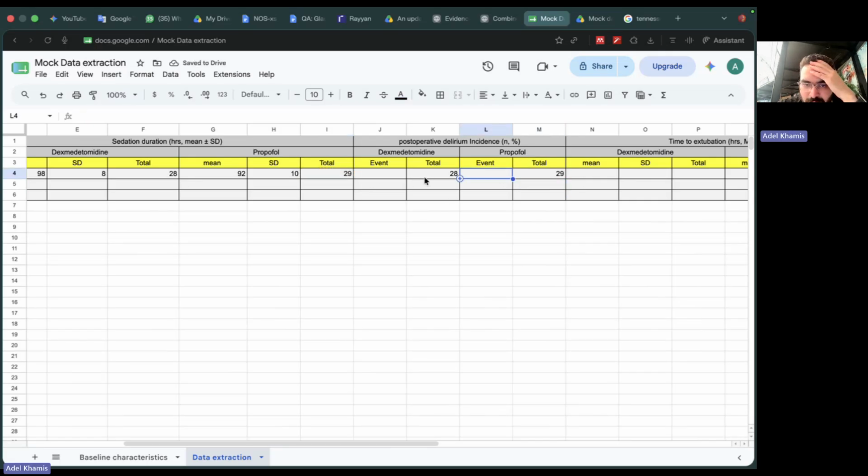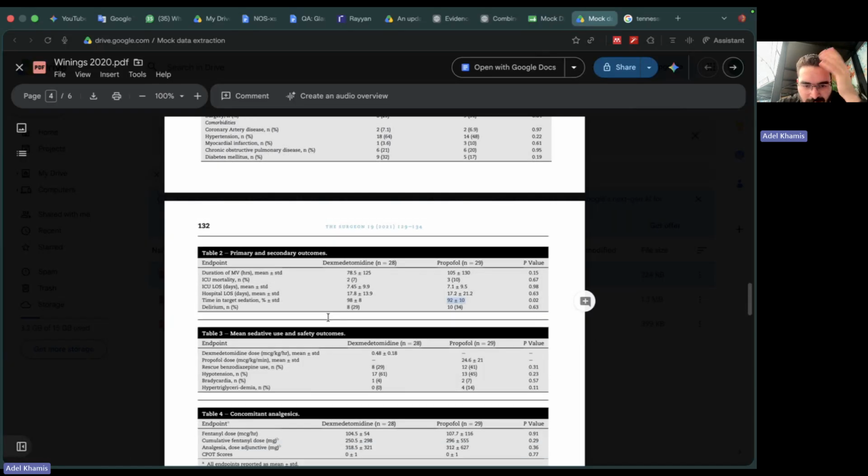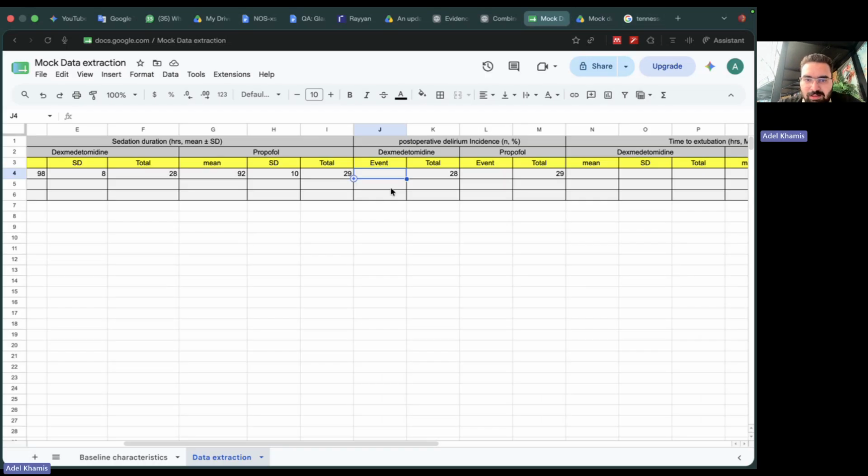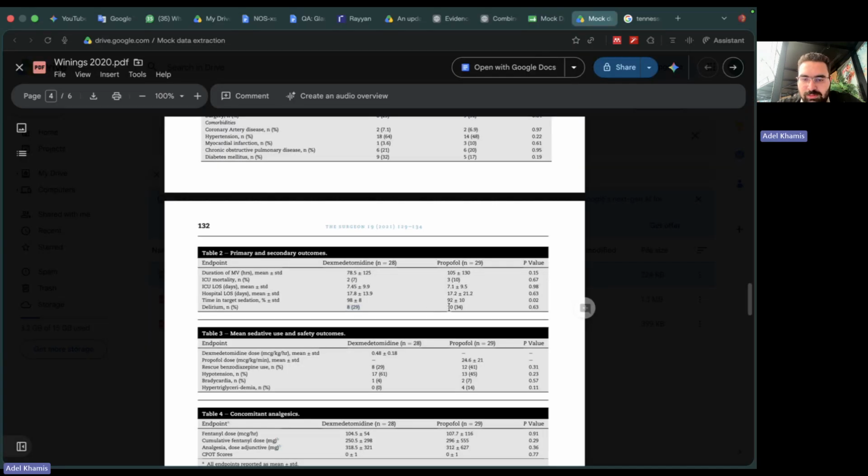Yeah, that's it. So to make it easier for you, the event of delirium, I think I noted this. The event and total are presented in the paper as event and total. Here the other one was 10.